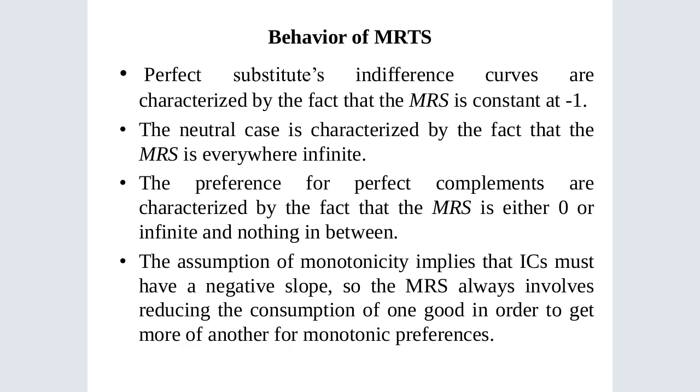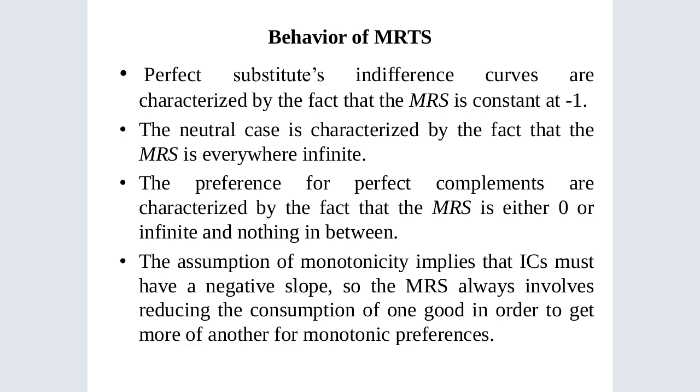But the assumption of monotonicity implies that the indifference curves have a negative slope. So the marginal rate of substitution always involves reducing the consumption of one good in order to get more of another good for monotonic preferences.